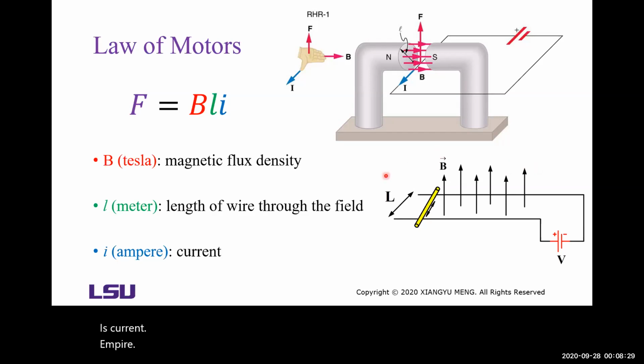Now let's look at this figure. We have an inductor with the current flowing through, and we have a magnetic field. Then let me ask you a question.